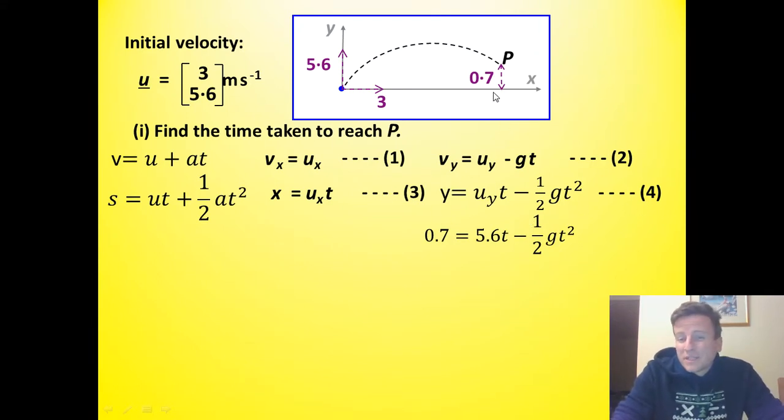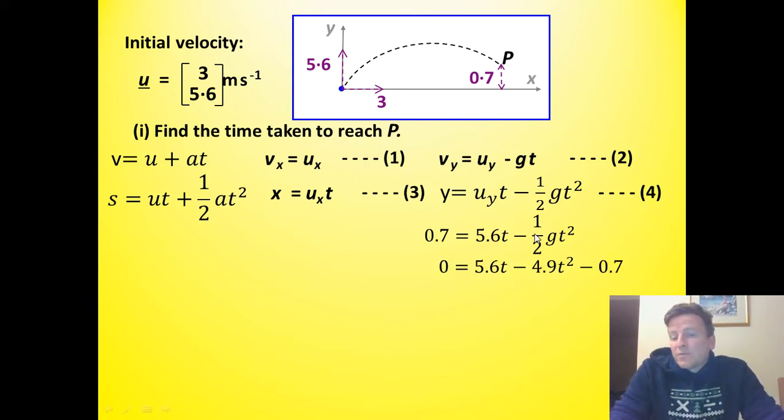So plugging in the information that we've got, we know that in the y, it's gone 0.7, and that's equal to 5.6, which is the initial speed u, times t, minus a half gt squared. Now remember, g is gravity, so it's 9.8, and we can just plug that in. Moving the 0.7 to the other side, you can see that we're starting to form a quadratic equation.